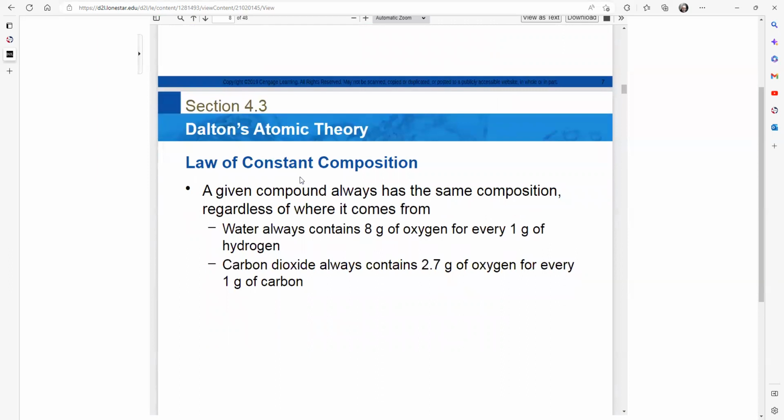The law of constant composition says a given compound always has the same composition regardless of where it comes from. For example, water always contains 8 grams of oxygen for every 1 gram of hydrogen. Carbon dioxide always contains 2.7 grams of oxygen for every 1 gram of carbon.